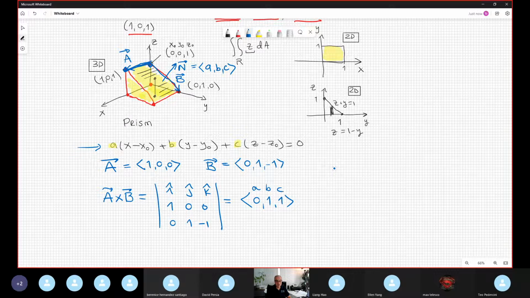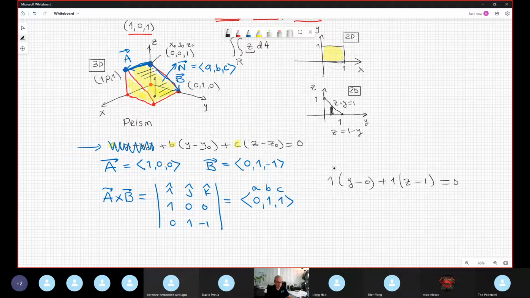I know that A is 0, it is logical, because it's a plane along the x-axis. The x part does not participate in the game. And B and C are 1. So now it is 1 parenthesis y minus something. But remember, the pivot is this, plus 1 times c minus something, that c is 1, look, equals 0.